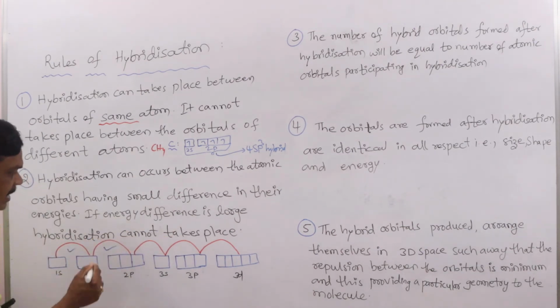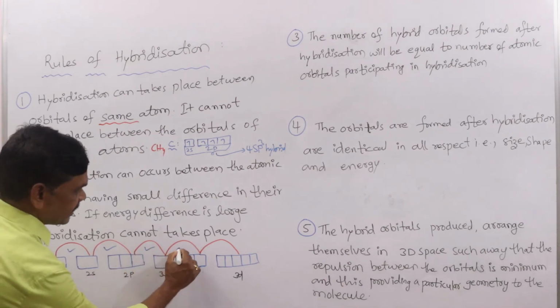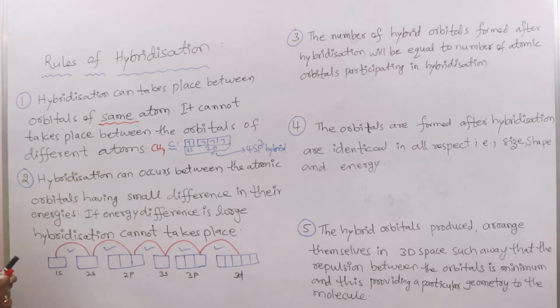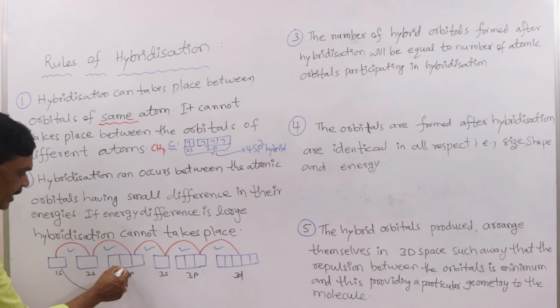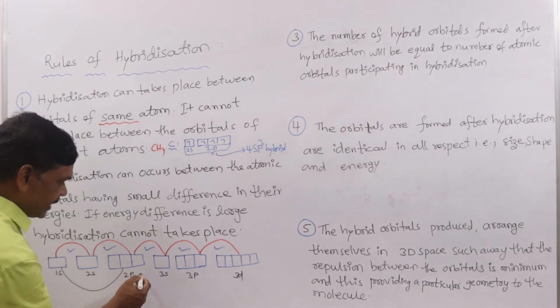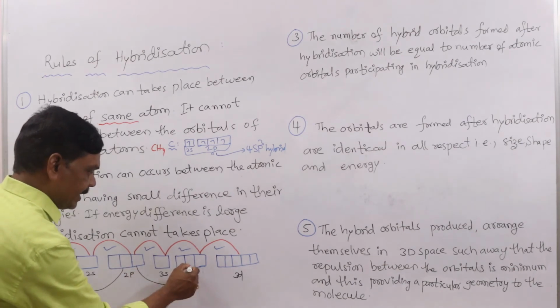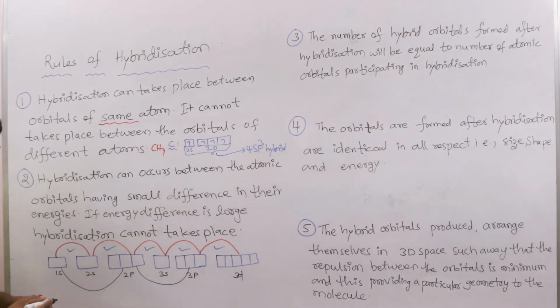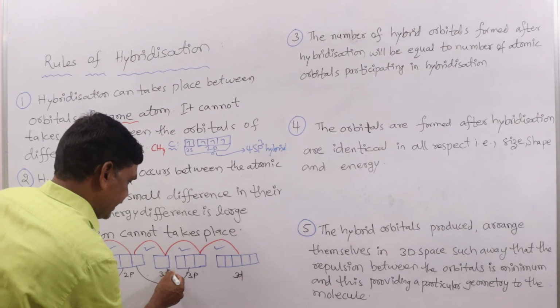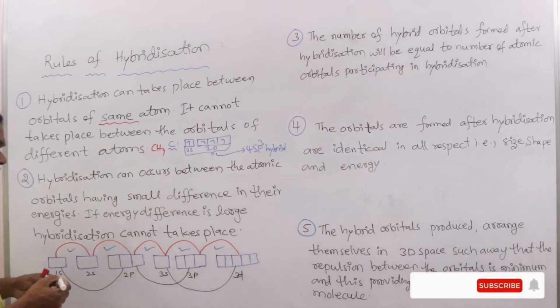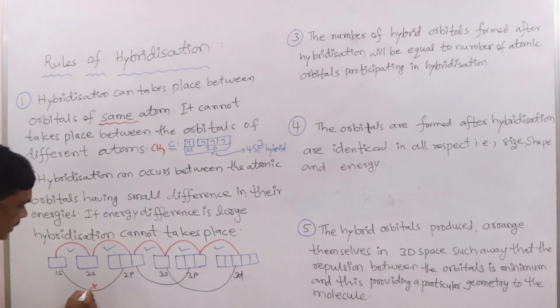But in cases like 1s and 2p, hybridization cannot occur. Here it is 2p and 3p, hybridization cannot take place. 3s and 3d, hybridization cannot take place.